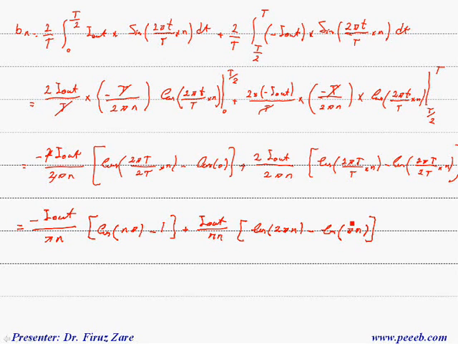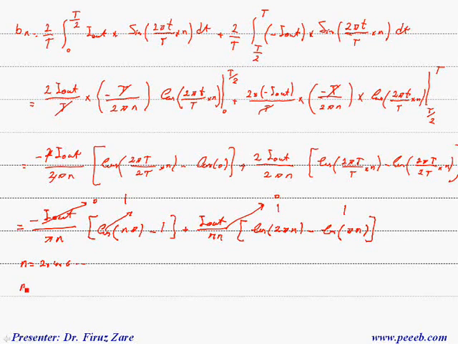So now we have to simplify based on odd and even number. Suppose n is an even number. So in this case, this term is always 1. That means 1 minus 1, this term is 0. So this term is always 1, and this one is 1 as well. So they can cancel each other.